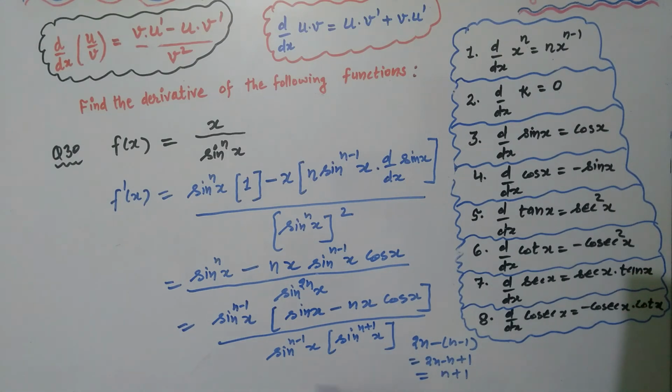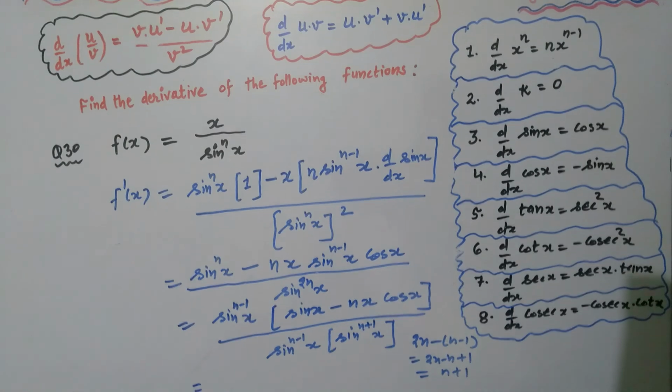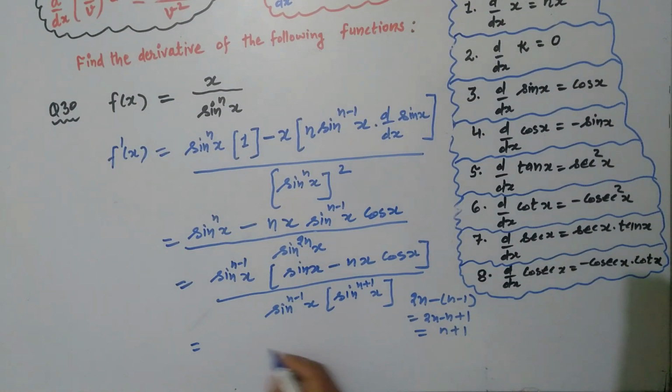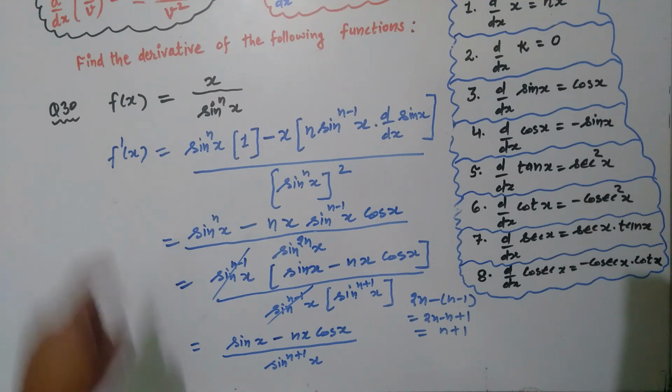Right? So what is the final answer? Finally what we write, this is cancelled, we have now (sin x minus n x cos x) whole divided by sin raised to power n plus 1 of x. Okay, so this was our question number 30.